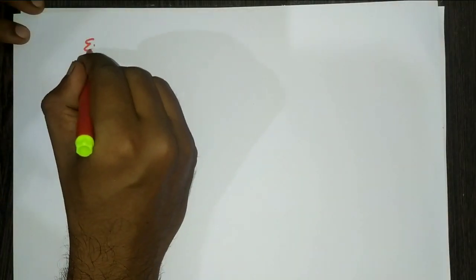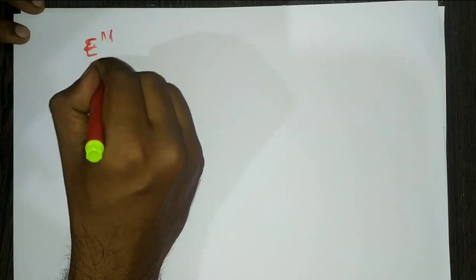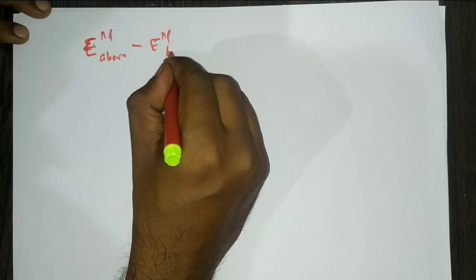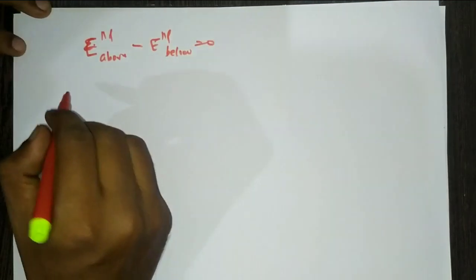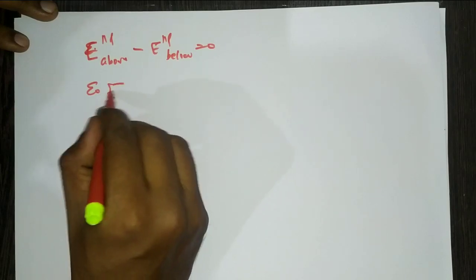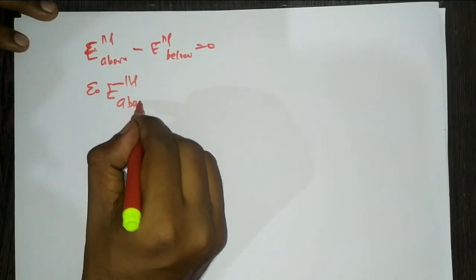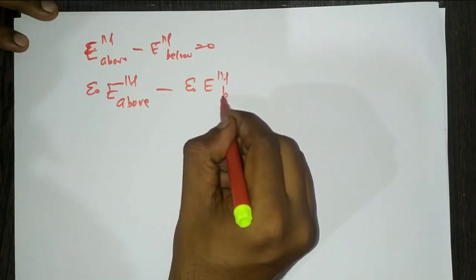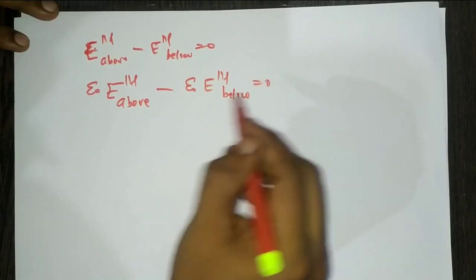The tangential component boundary condition can be written as E parallel above minus E parallel below equal to 0. If I multiply with epsilon 0, that is epsilon 0 E parallel above minus epsilon 0 E parallel below is equal to 0.